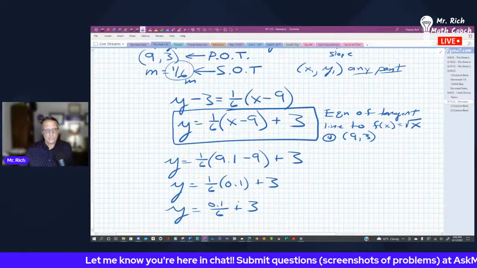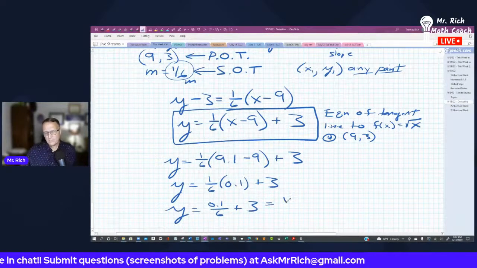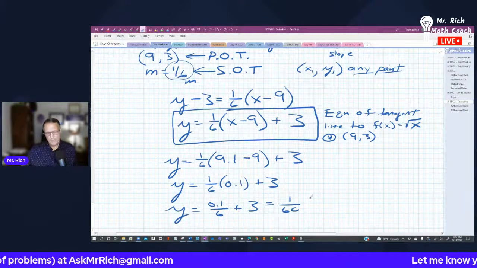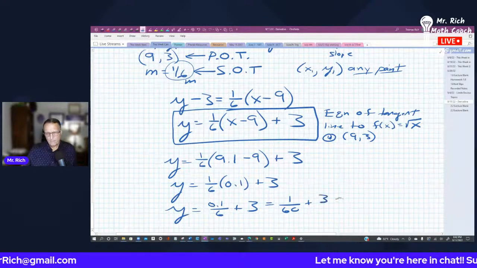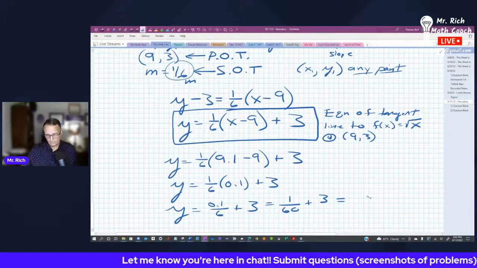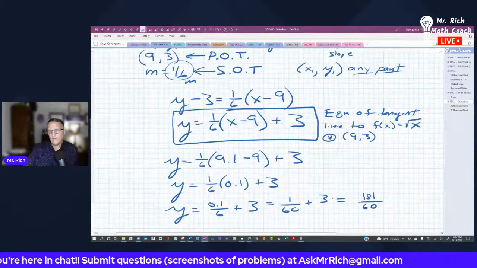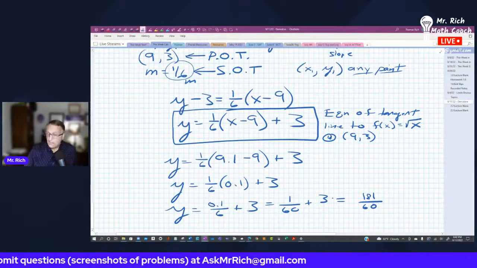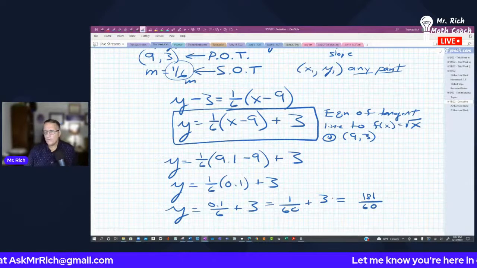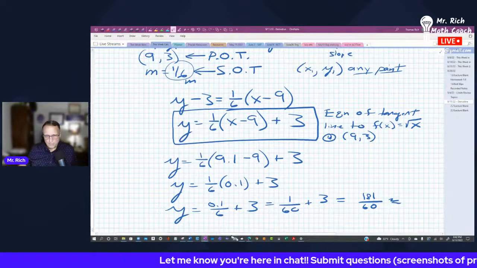Multiplying top and bottom by 10, let's call this 1 over 60, plus 3. Wouldn't that be 181 divided by 60? I believe it would be. If I got a common denominator, that'd be 180 over 60 plus 1 over 60, which would give me 181 over 60. Now I'm going to get the TI-84 out and see what that is approximately.